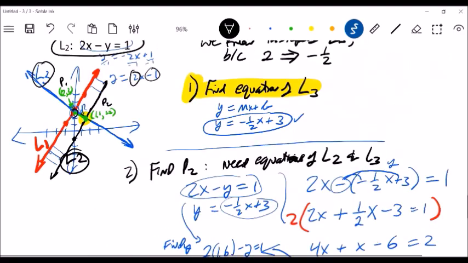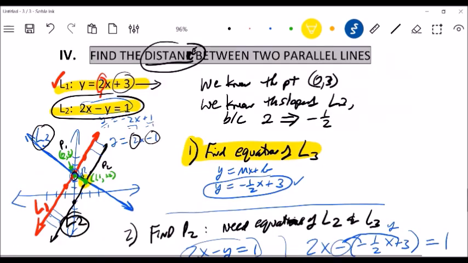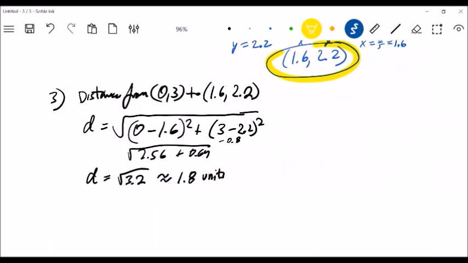Let's check. Did it say units at top or anything? It didn't say anything at all for this problem for these two equations, or these two parallel lines. But now we do know that the distance is 1.8 units. That's our answer. That's how far apart the two lines are from each other.